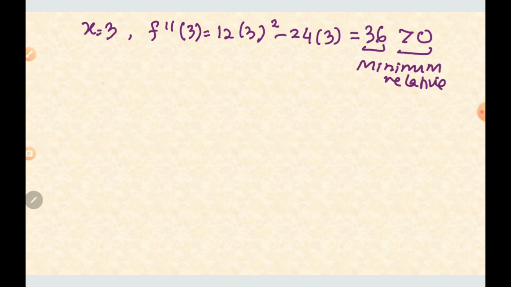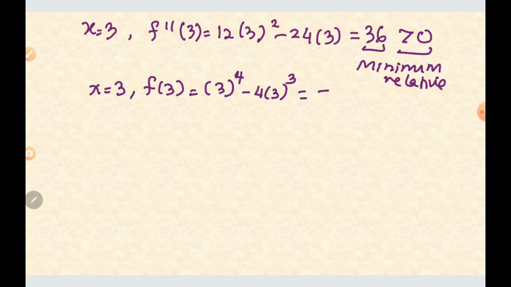Okay, so you need to find the value of y when x equals 3. When x equals 3 means f(3). f(3) means you have to substitute 3 into the function f(x), and you will get 3 to the power of 4 minus 4 times 3 cubed, and the answer is negative 27.